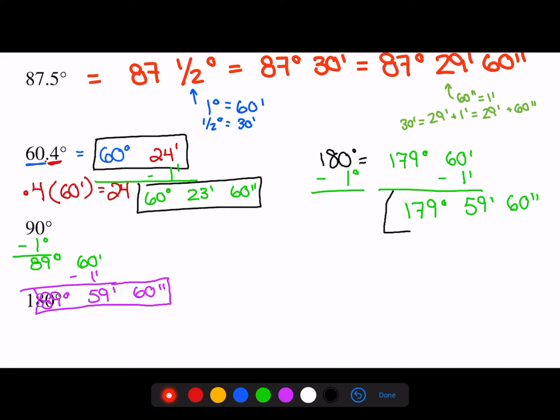Again, this is the correct answer if we're converting it all the way down. This could be the correct answer if they only give you 2 spots. It depends on if they give you 3 blank spots or 2 blank spots, depending on how long your answer will be. So that is how we convert from degrees to degrees, minutes, and seconds. So again, we should be able to do that.